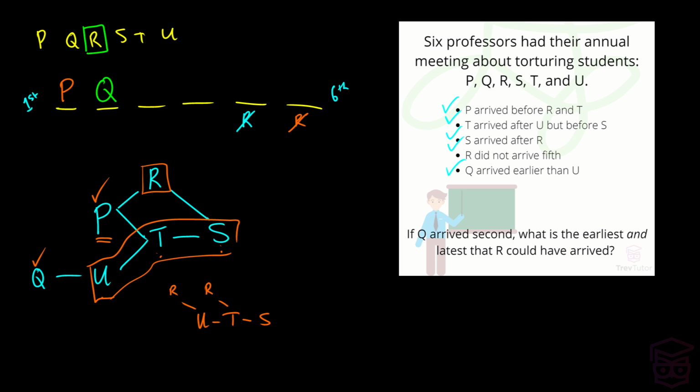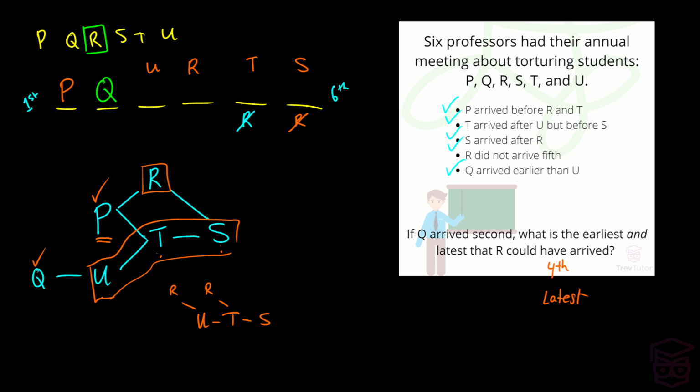So can we have a situation where we have R fourth? Well, if we have R fourth, our only requirements now are that we have U, T, S in order, and S has to be after R. So we could do U, R, T, S. That would be fine. Okay, what about third? So we can say that fourth is definitely the latest.